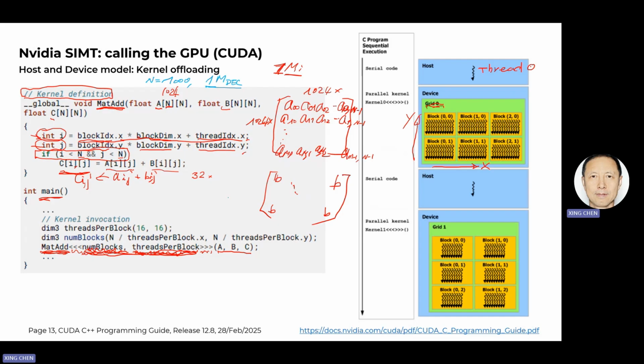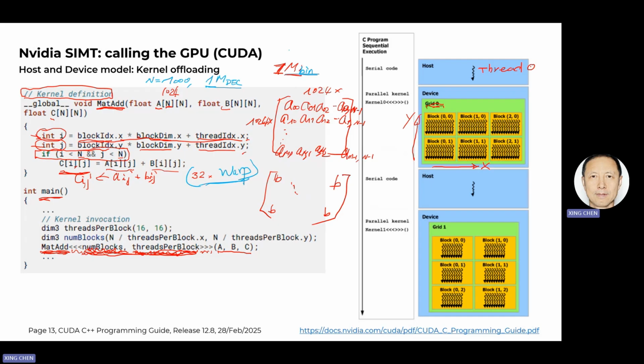But because the threads are scheduled in a group of 32 threads, that's a warp for an Nvidia GPU, if you ask for 1,000, the system is going to give you 1 binary million threads.